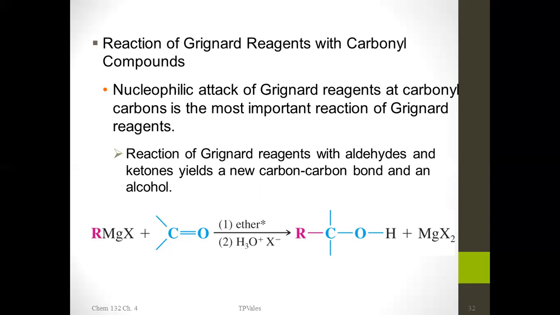The nucleophilic attack of Grignard reagents at the carbonyl carbon is the most important reaction of Grignard reagents. The reaction of Grignard reagents with aldehydes and ketones yields a new carbon bond and an alcohol. Again, we know that for the carbonyl group, oxygen is partially negative and carbon is partially positive. So where will they attack?